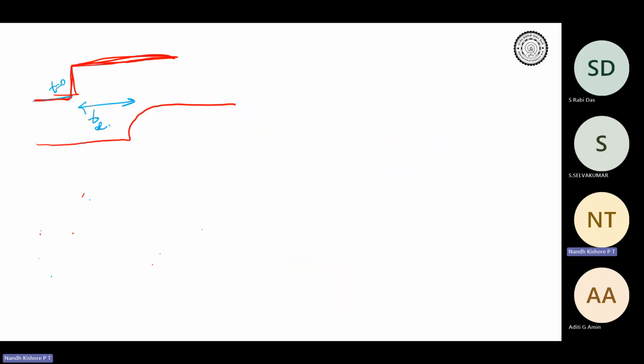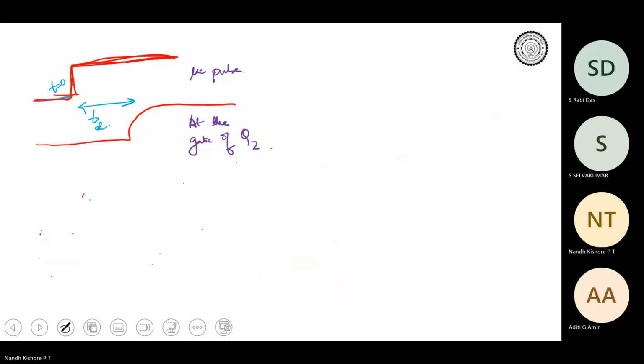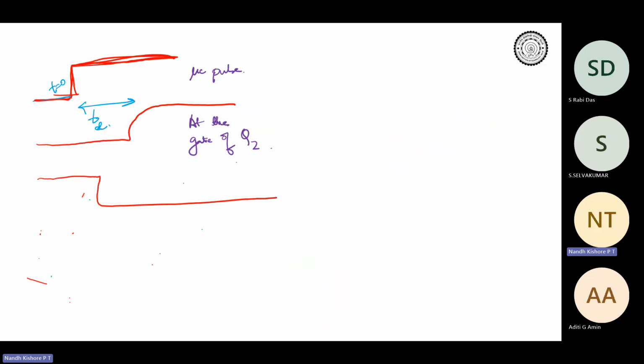So this is your microcontroller pulse, and this is at the gate of Q2. But what would happen is the NMOS would be seeing a logic high to logic low pulse somewhere over here in between.